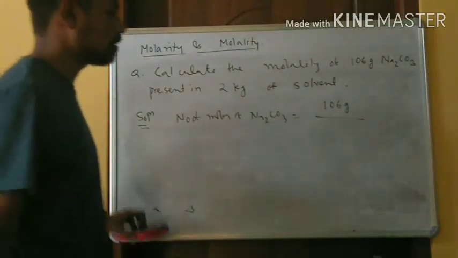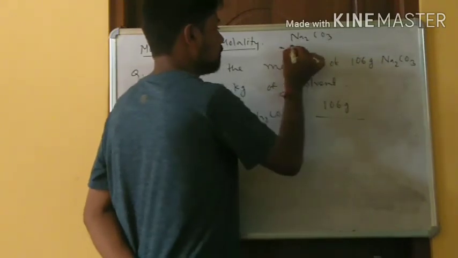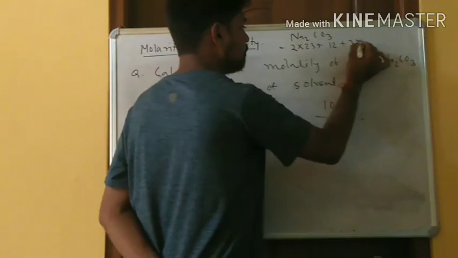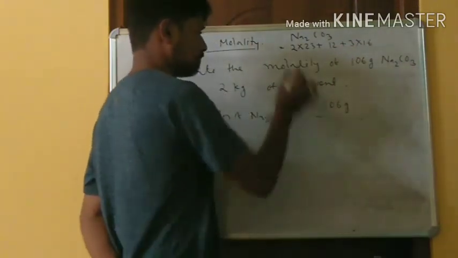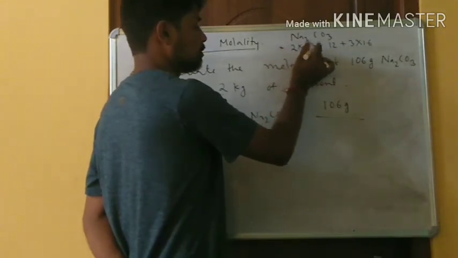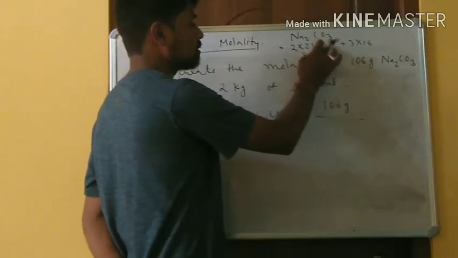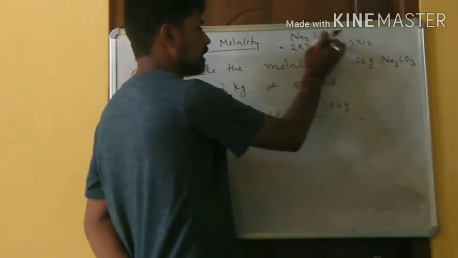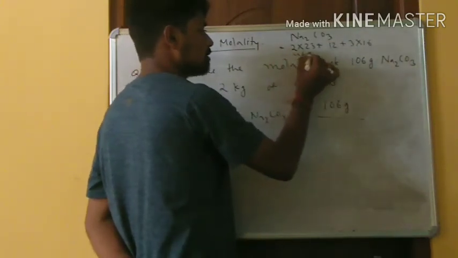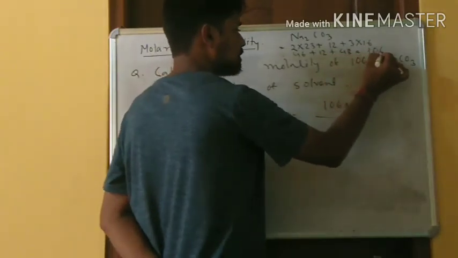The molar mass of Na2CO3 is 2 into 23 plus carbon 12 plus 3 into 16. 23 for sodium and 2 is the number of sodium atoms; there is only one carbon, with mass 12 gram; there are 3 oxygen atoms and the mass of one oxygen is 16. So 46 plus 12 plus 48, it will be 106.